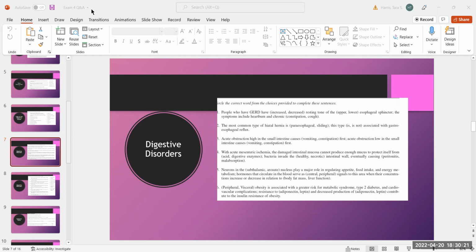Okay. So the answer is sliding for the hiatal hernia. And the sliding hiatal hernia is associated with reflux. So think about what's going on in the GI tract.